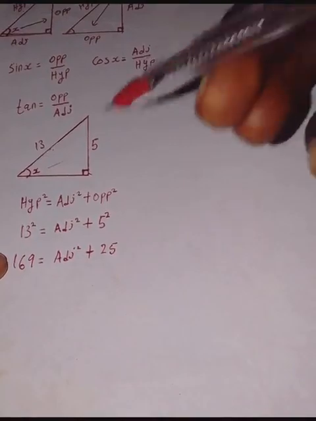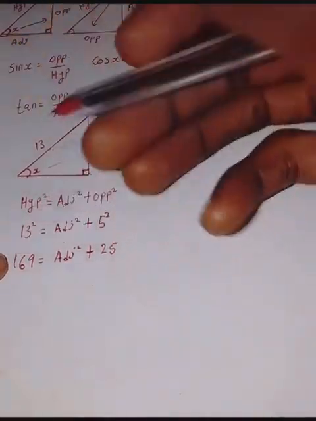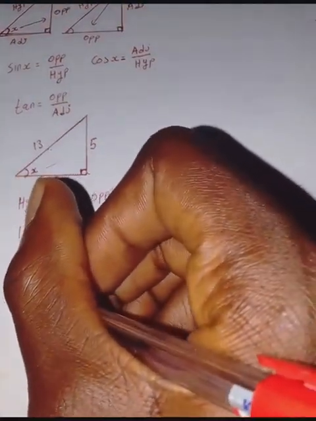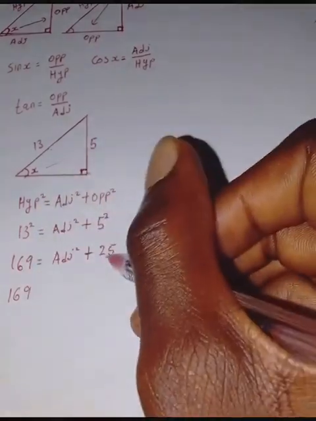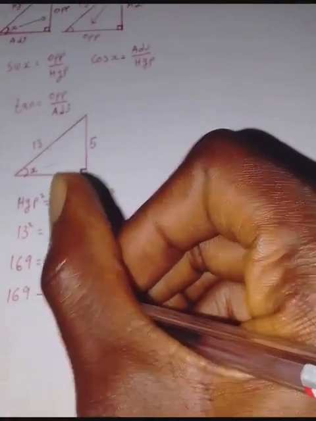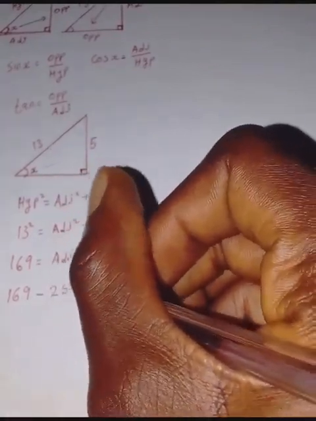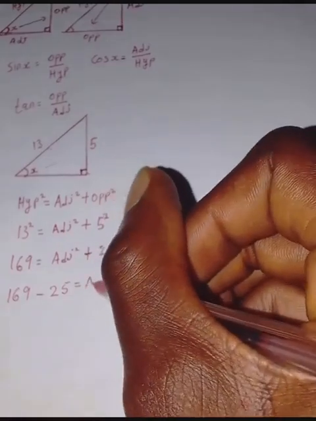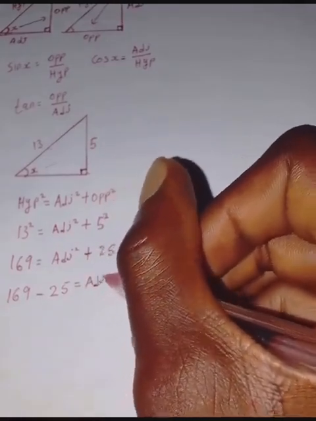From here, we collect like terms. 25 comes here. It becomes 169. When it is crossing the equals sign, the sign changes to minus 25 equals adjacent squared.